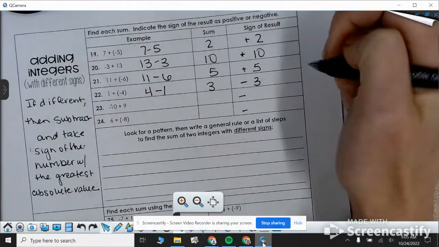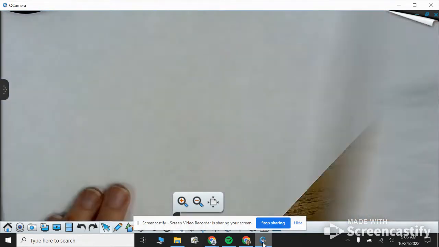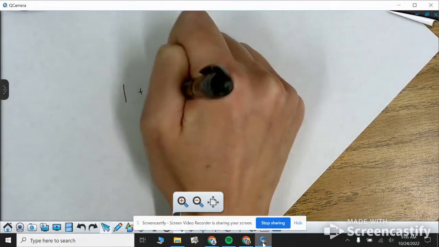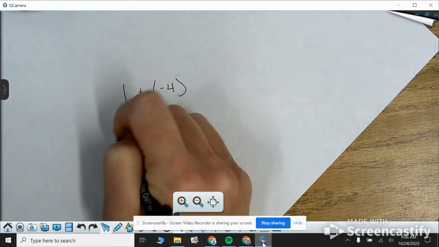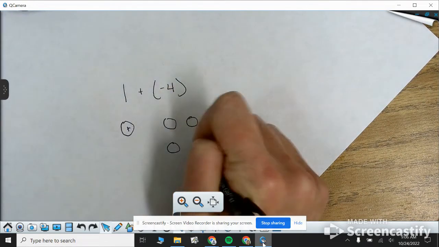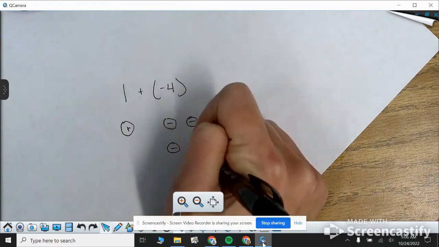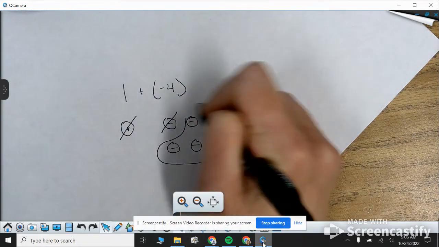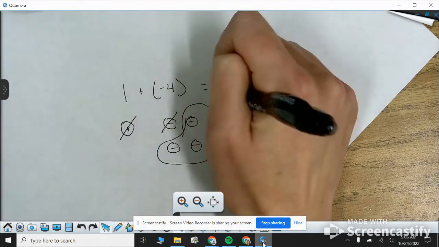And if you're looking at me like, what in the world, Miss Palmer? Let's think about this right here. 1 plus negative 4. If I did this with the chips, I have a positive 1 and I have 4 negatives. If I cancel out my 0 pairs, what am I left with? Negative 3.